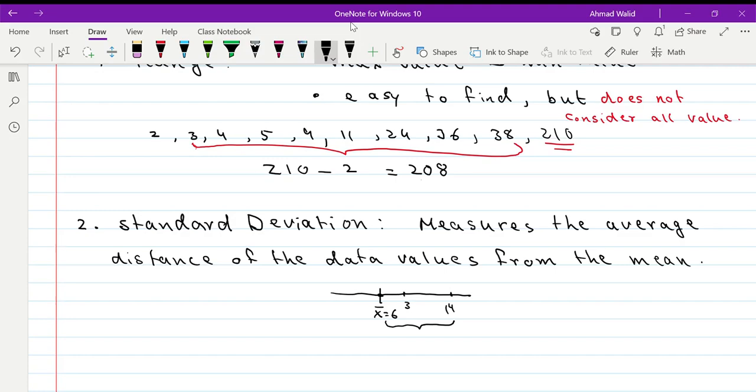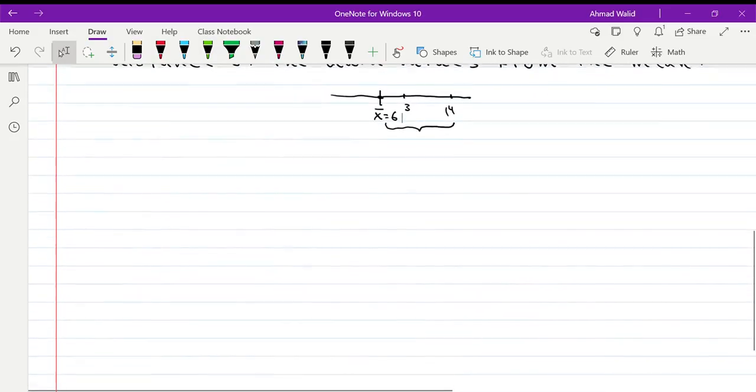It's a really good thing to calculate the variation, correct? What is the standard deviation? One more time. Standard deviation measures the average distance of the data values from what? From the mean, correct?